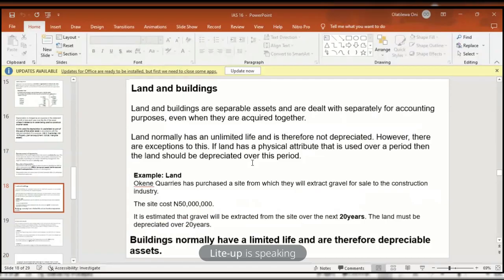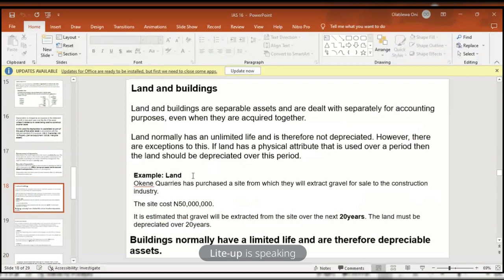If a company is into quarry, they extract gravel, they extract sharp sand, so they have bought acres of land for the purpose of this extraction. From the date of purchase, when the land is available for use, depreciation will be charged based on how many years the extraction will go on.